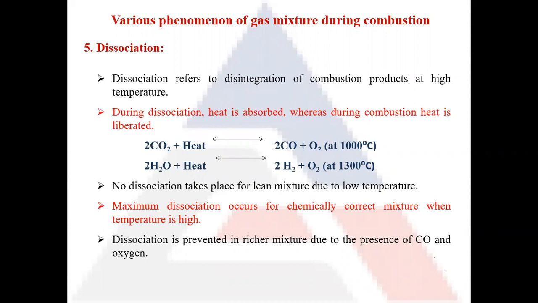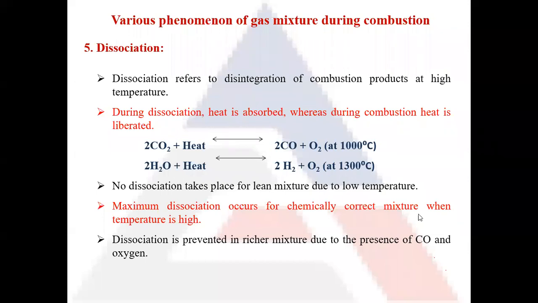And then the third type is the rich mixture, in which we have a greater percentage of fuel and less air. Now in lean mixture, where fuel is less and air is more, the temperature produced is less. So dissociation is very low or not available when there are lean mixtures.